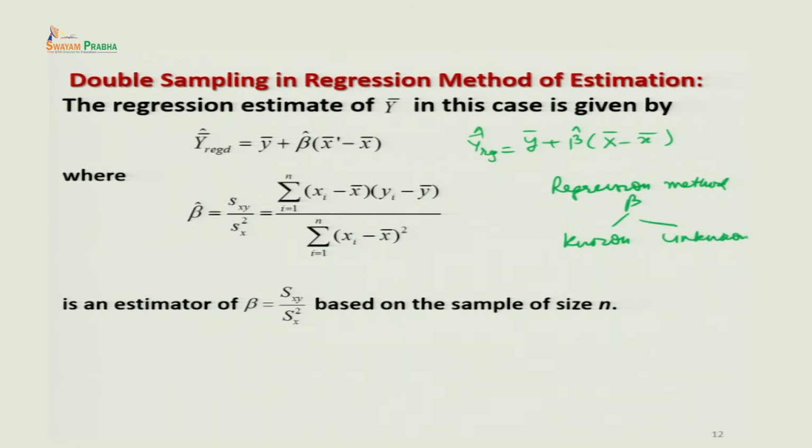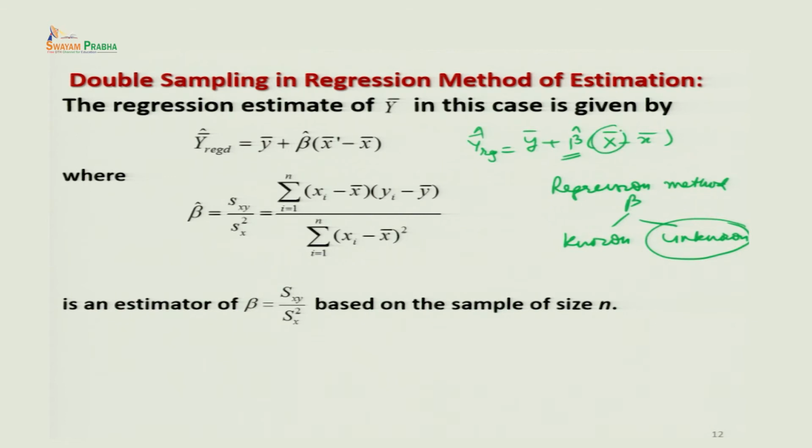We had also discussed that the case when beta is unknown, where we estimate it from the sample, is more justifiable in real life applications. So, here in the case of double sampling, we use the case where beta is unknown to us. That is why I have replaced beta by beta hat.